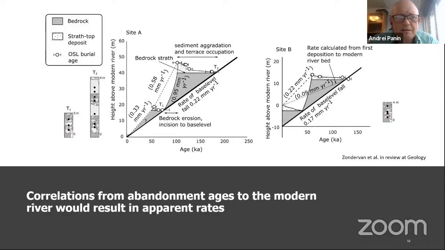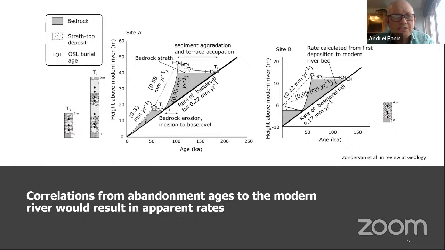So if the incision occurs at some distance from your observation point, and it was steady, and the river, for example, deepens by 10 meters through a very large time span, but after that it approaches you due to migration horizontally in the valley floor.